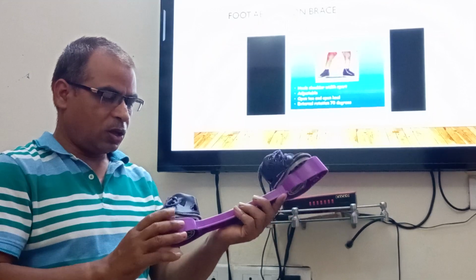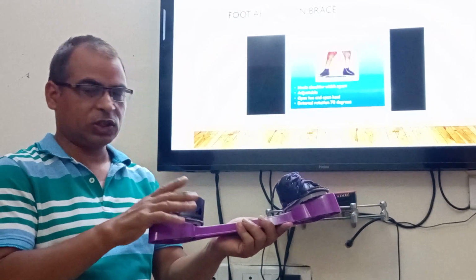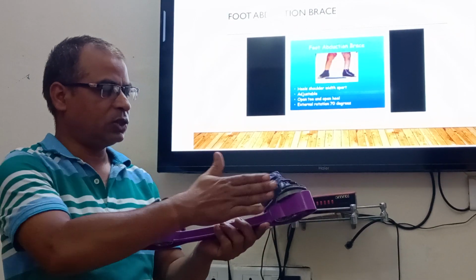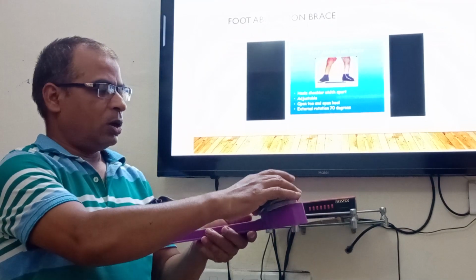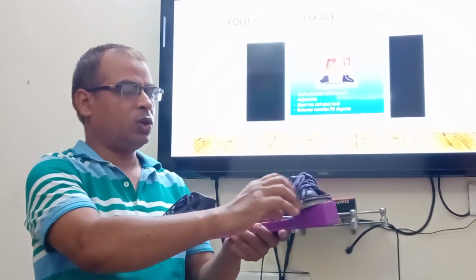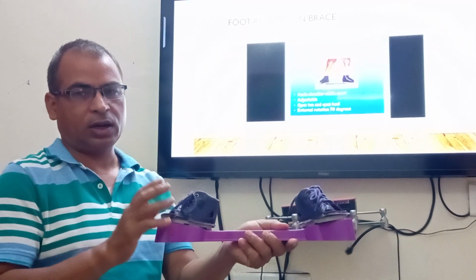So this is around 70 degree abduction, full abduction of the foot, and this may be reduced to 40 or 45 degrees on the normal side, and the affected side should be 70 degrees abducted.